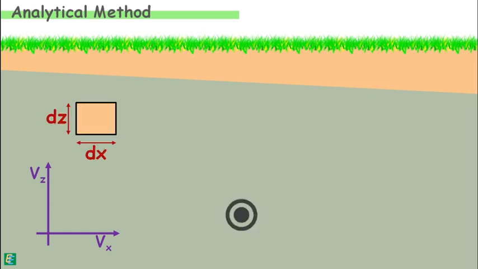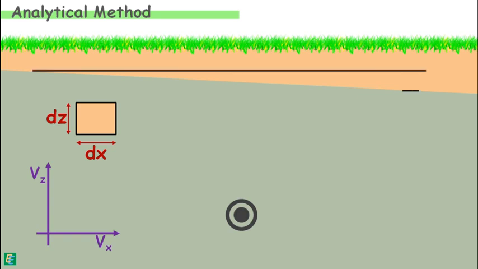The y direction is normal to the plane. Let's say water is flowing in the soil because of hydraulic head H, and the hydraulic gradients in the x and z directions are Ix and Iz respectively. Water is not flowing in the y direction as we are analyzing flow only in two dimensions.